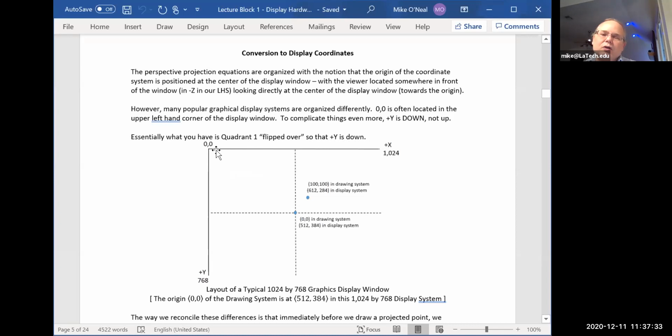So that's our X. We can draw 1,024 dots across. And then vertically, we can draw 768 lines. But it goes, this is line 1, 2, 3, 4, 5, 500, 768. So down is positive.